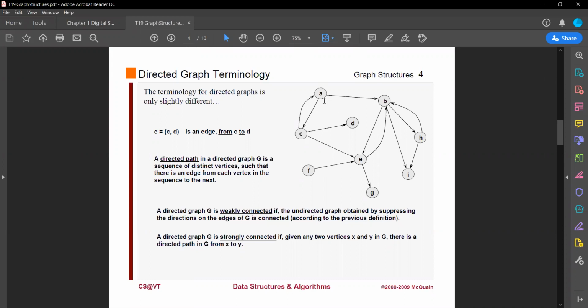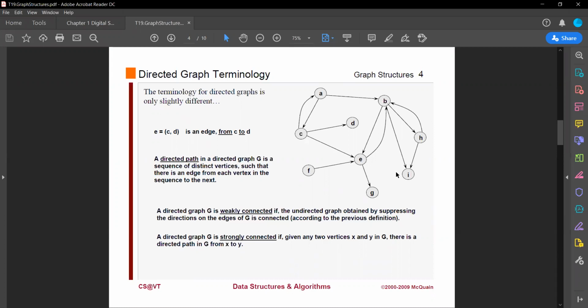We see that there is a path A to B and B to I. Yes, there is a path. We can also go A to B, B to E, E to B again, then B to I. Otherwise, we can go A to B, B to H, and H to I.